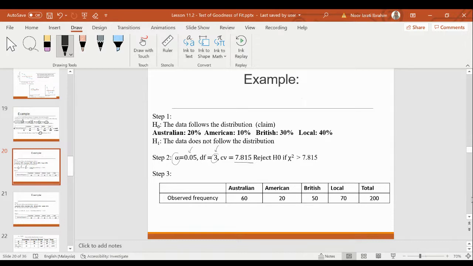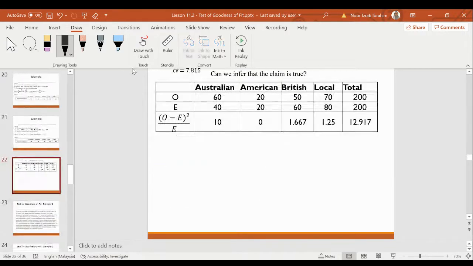Step 3 is to find the value of the test statistic, the value of chi-square. To find it, we use the formula (O minus E) squared over E. That's why we needed to find E just now for step 3.